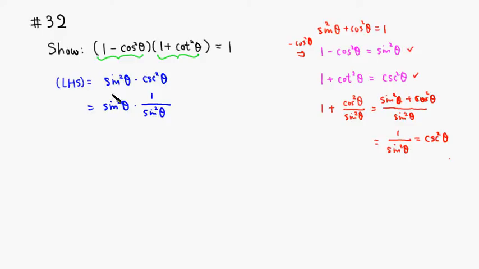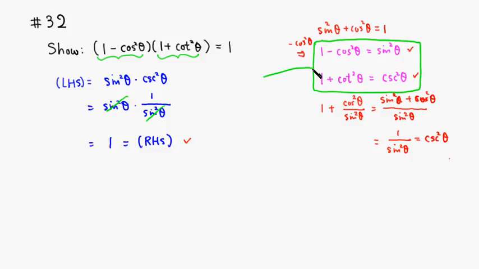Alright, then you can cancel those guys out to get 1, which is exactly the same thing as the right hand side. Alright, this establishes the identity. So if you know these two identities, and also the definition of cosecant, you can get this identity pretty easily.